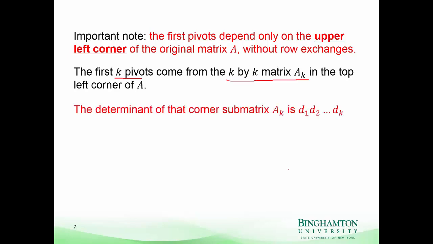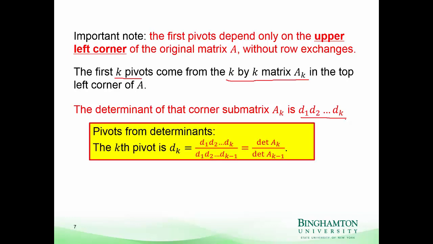So let's not worry about that right now. So the determinant of the submatrix A_k, which is that upper left corner k by k matrix, will be a product of k pivots. So those are the diagonal values down the U matrix for that k by k submatrix.